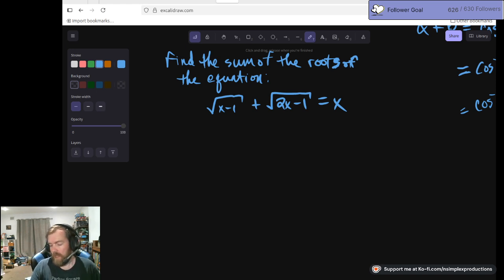It's rather tricky, not terribly difficult or anything, to find the solutions to this equation. But once we find the answers, we have a list of x's that are acceptable. We find their sum, and then if we just look at the answer book, or look at the question book, our possible answers are 1, 2, 4, 5, or 6.